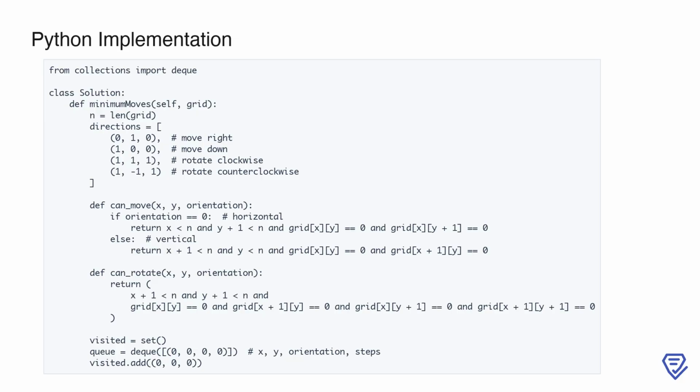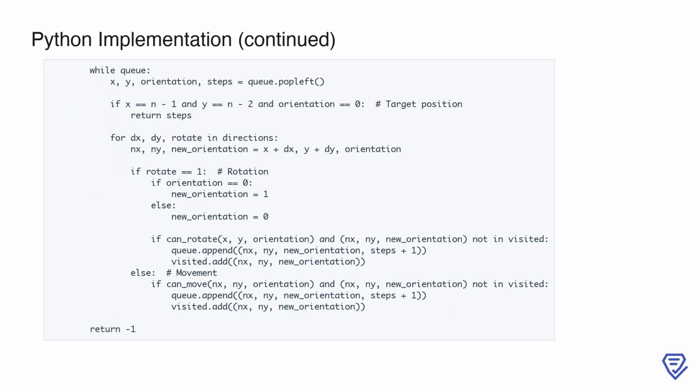These checks are essential to avoid invalid moves. Finally, we initialize a set called visited to keep track of explored states and a deque to manage our BFS exploration. The queue starts with the snake's initial state at the top left corner, facing horizontally, with 0 steps taken. This setup ensures we systematically explore all possible configurations to find the shortest path.